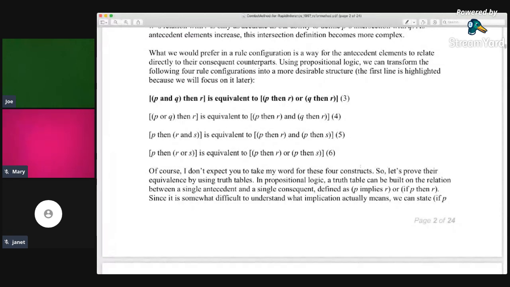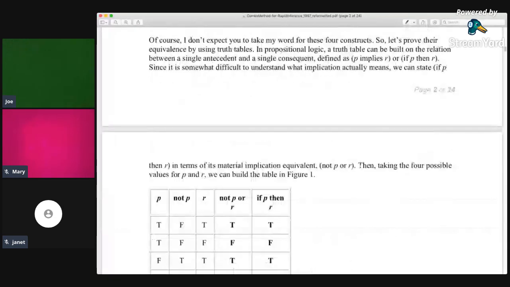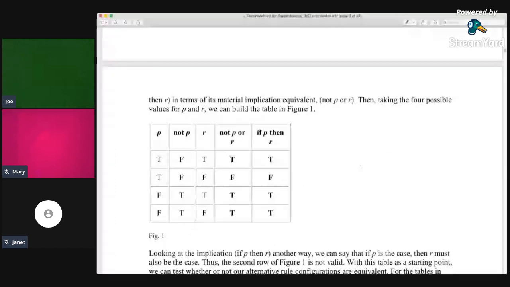So what this does is allows you to have a direct relationship between the antecedent and the outcome.